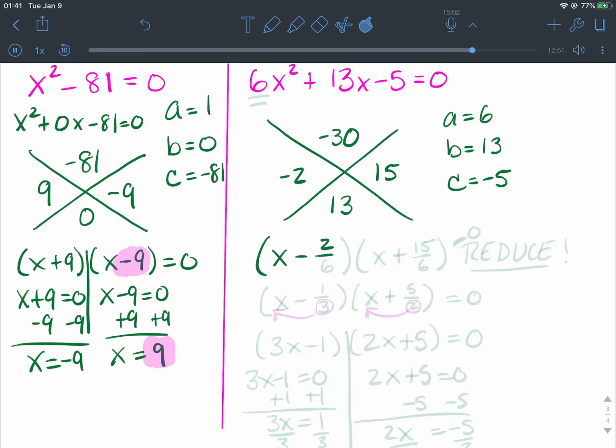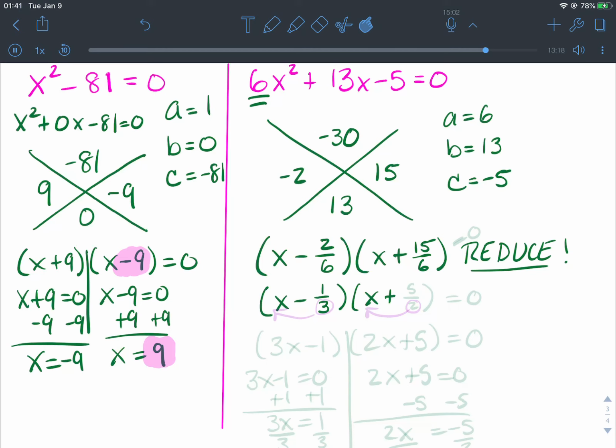Remember, you have to take the number and divide it by A, and A is 6. And on the other side, we have x plus 15 over 6. Now you must reduce, or you will get the wrong answer. So 2 over 6, 2 goes into itself once, 2 goes into 6 3 times.